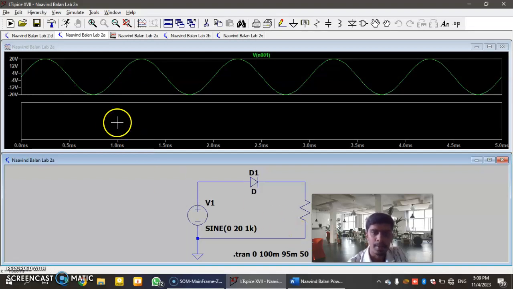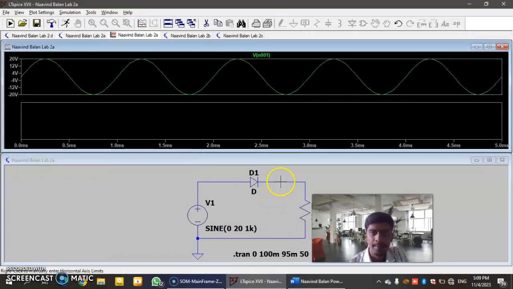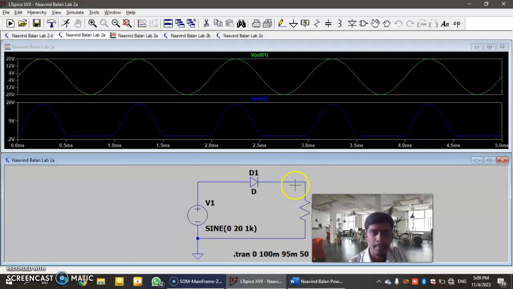Then the output voltage will be like this. It is called a half wave rectifier because it is only the positive cycle, and the negative cycle will be zero, for the half cycle of the single diode. That is called the R load, for the resistor only.